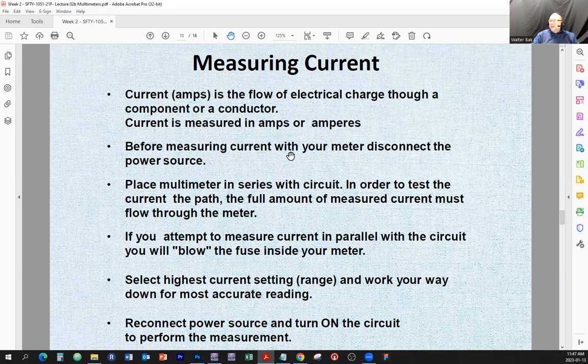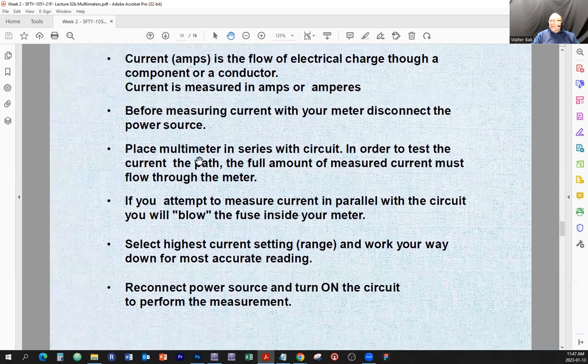Before measuring current with your meter, first you gotta disconnect the power source. Now we're gonna place the multimeter in series with the circuit that you're measuring in order to test for the current path. The full amount of measured current must flow through that meter.